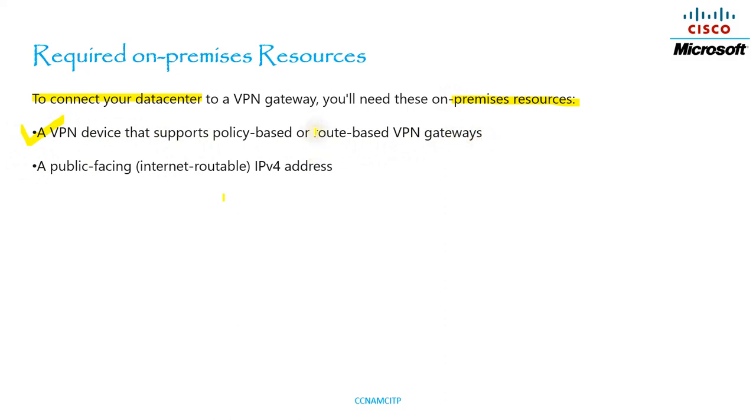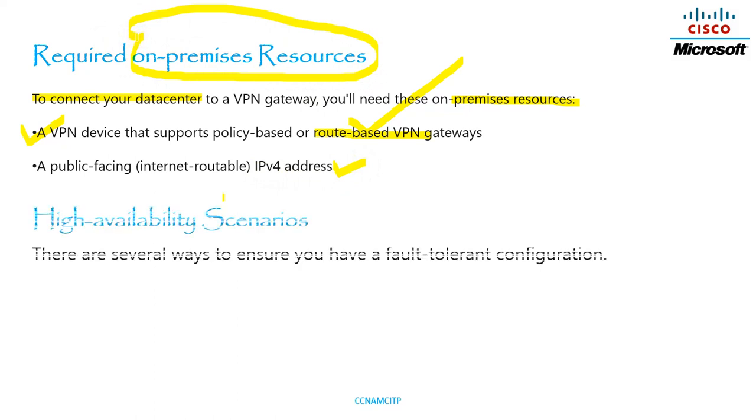In my previous video, I spoke about policy-based and route-based VPN gateways and which is more preferable; route-based was preferable. Apart from this, we should have a public-facing, internet-routable IPv4 address on premises. These are the required resources.